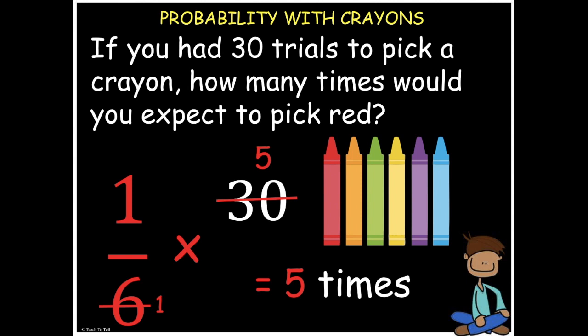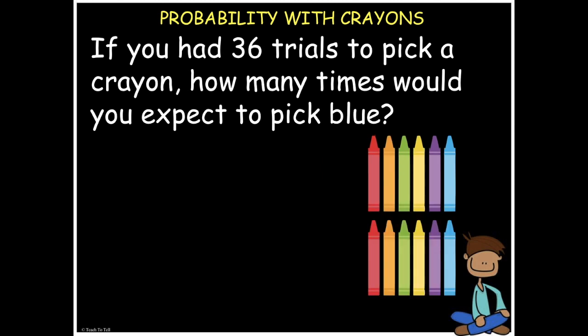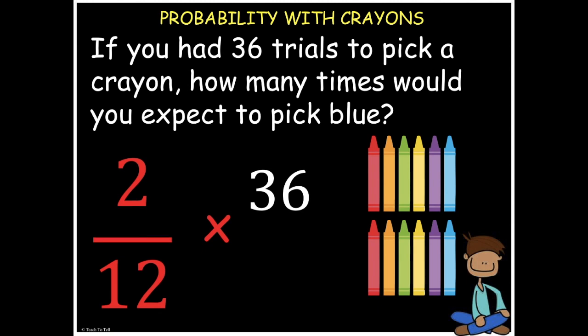We have a chance of 5 out of 30 times to pick it. If I had 36 trials to pick a crayon, how many times would I expect to pick up a blue? Again, I have 2 blue out of 12. So I'm at 2 out of 12, and I know I have to do this 36 times.